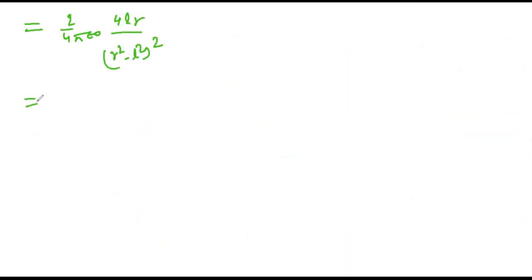Till this much it is clear to you? Yes. Now write like this: 1 by 4 pi epsilon naught. This 4, make it into two parts, 2 and 2. This q you bring from here to here, and L was already here. Have you followed it? Yes.